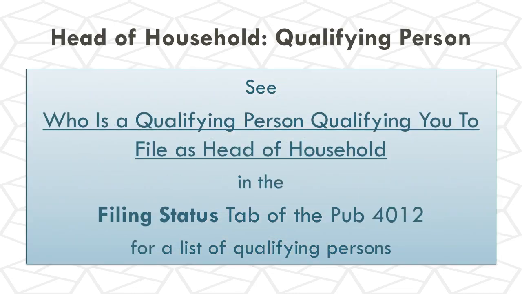First of all, go ahead and flip to the chart that says who is a qualifying person, qualifying you to file as head of household in the filing status tab of the Pub 4012. You are always going to need to consult this page when determining if a single taxpayer has a qualifying person for head of household. So if you'll go ahead and flip over there now, we will briefly review the rules that are on this page.